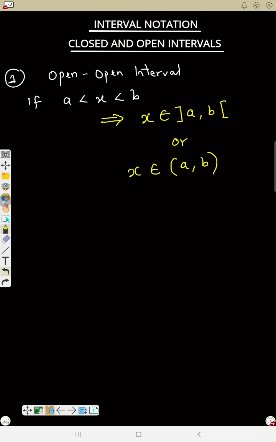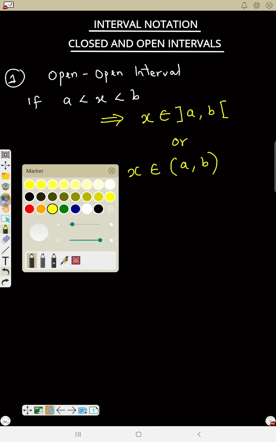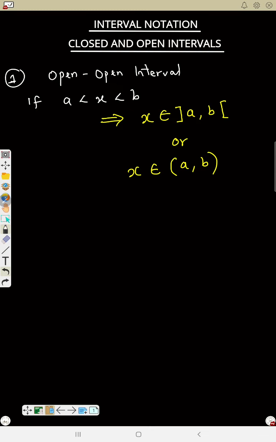That's why we are doing interval notation. Again, if I have a is less than x and x is less than b, I can represent this in interval notation as x is a member, then I'll use this bracket, a comma b. Study the pattern of the brackets, or I'll write it this way, x is a member of a comma b, but note the bracket.